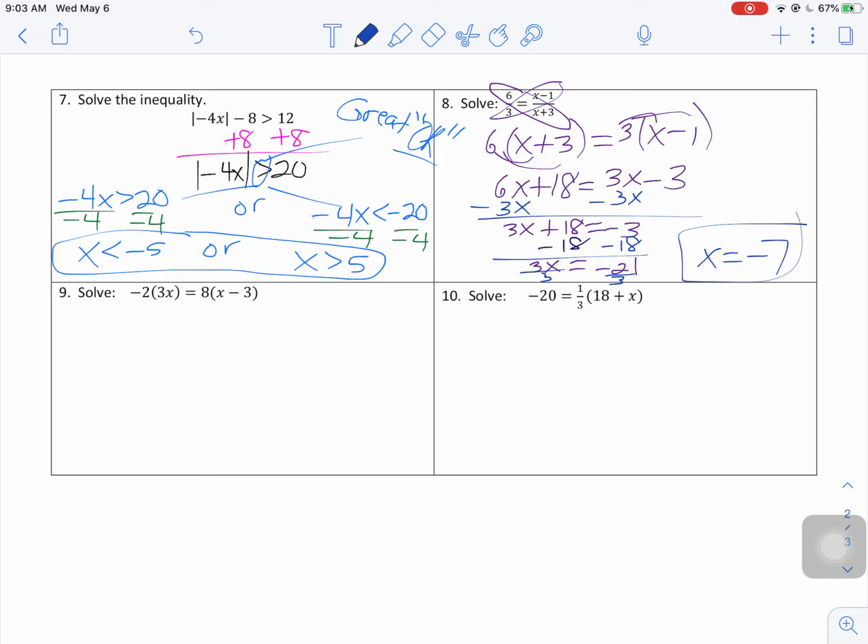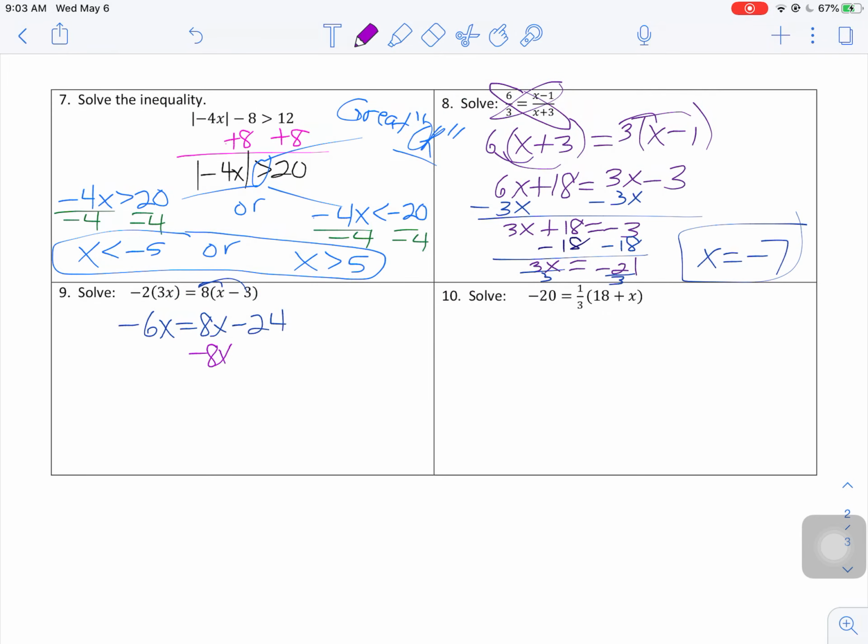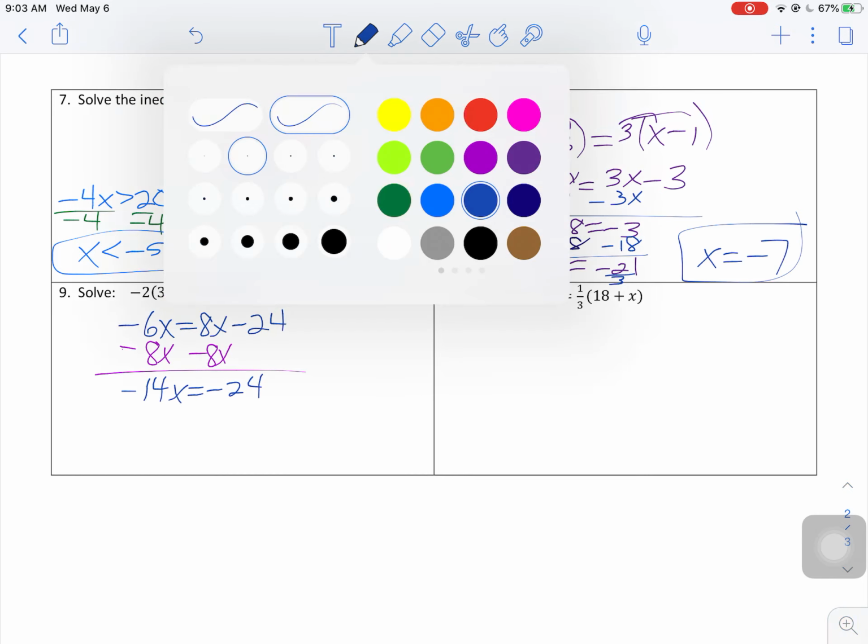On 9, negative 2 times 3x is negative 6x. 8 times x is 8x. 8 times negative 3 is negative 24. Minus 8x, minus 8x. So negative 14x equals negative 24.